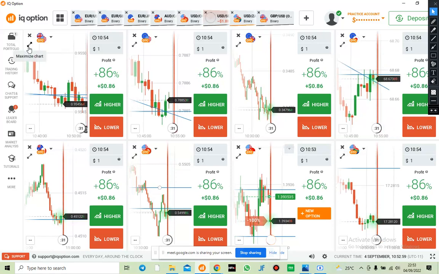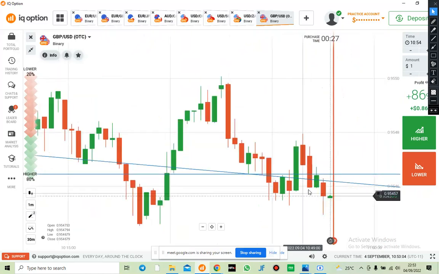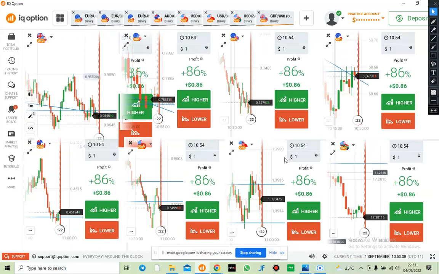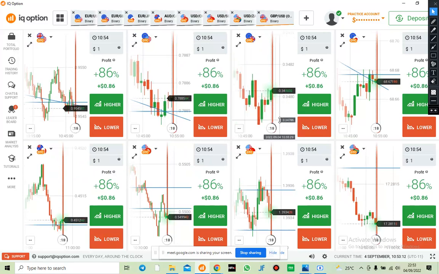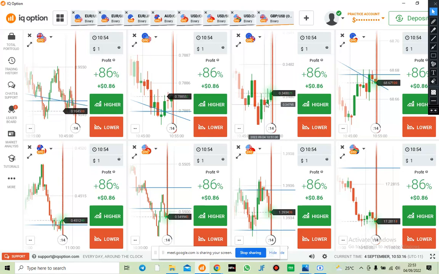Okay, it's an opportunity. No reversal. It's an opportunity here. Okay, no opportunity. Missed this. The next candle here should be green. So, but I missed.